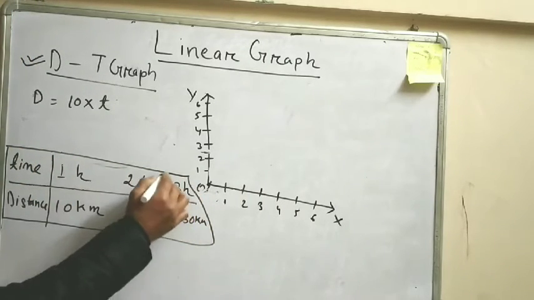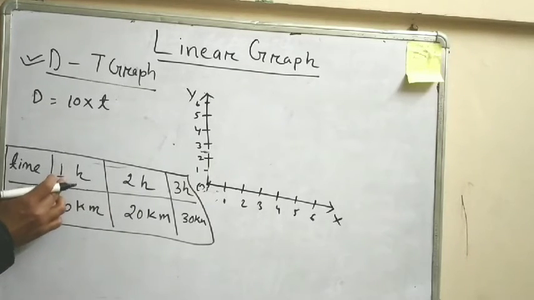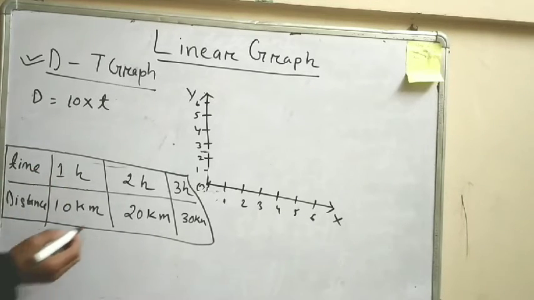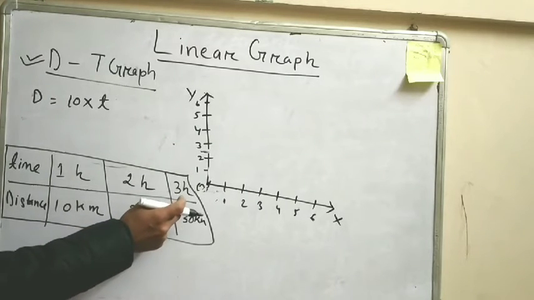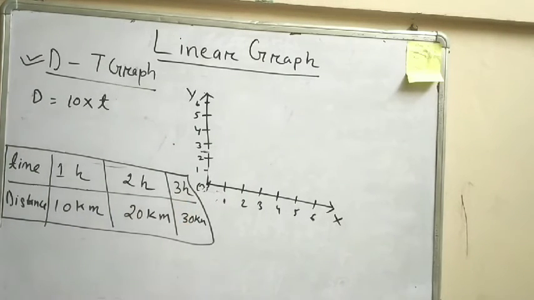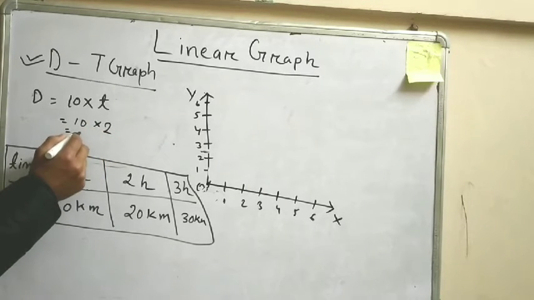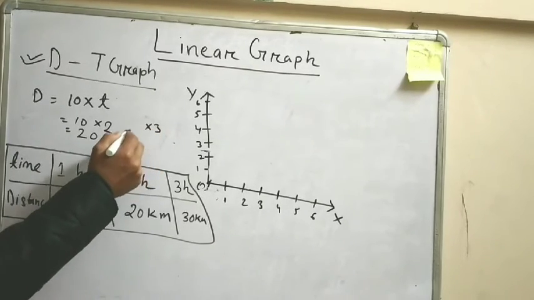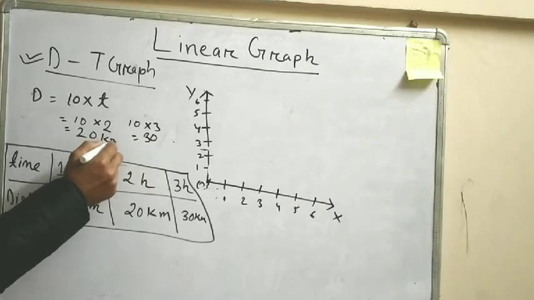If the time is 1 hour, the distance is 10 km. If the time is 2 hours, the distance is 20 km. If the time is 3 hours, the distance is 30 km. That means if the time is 2, the distance will be 10 multiplied by 2, which is 20. If the time is 3, the distance will be 10 multiplied by 3, which is 30 km.